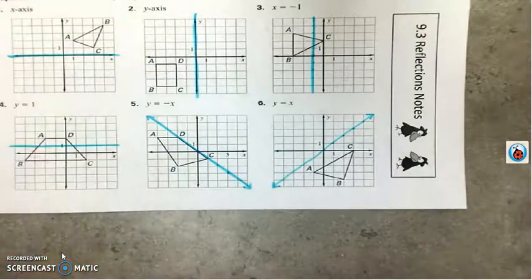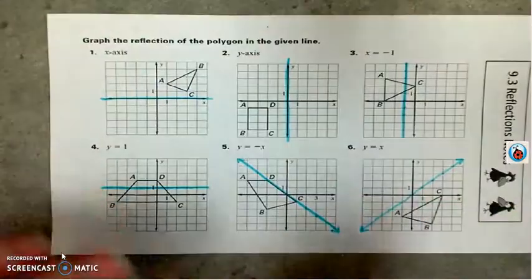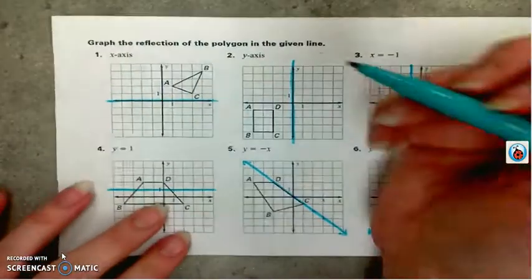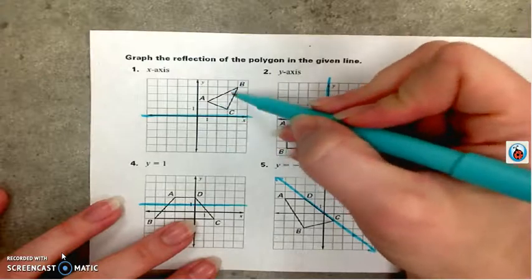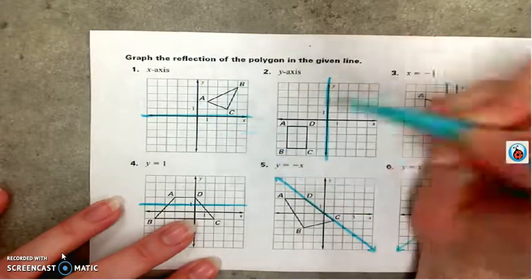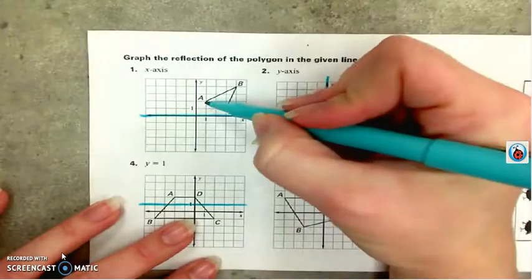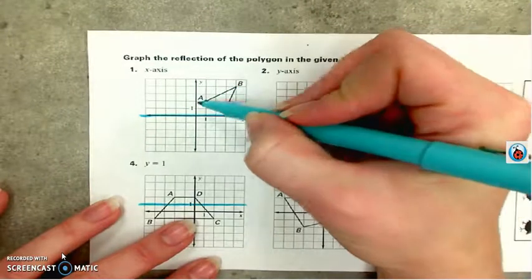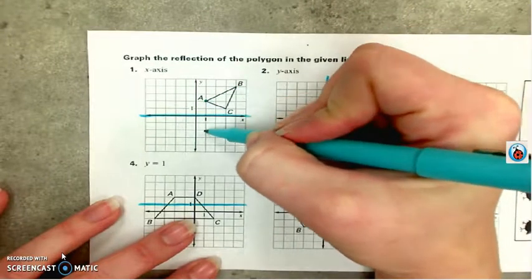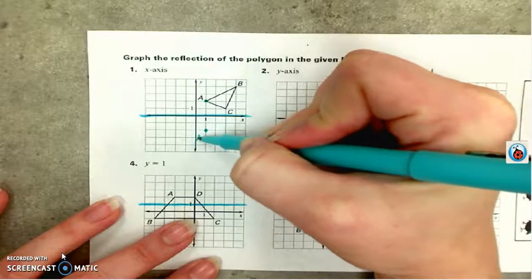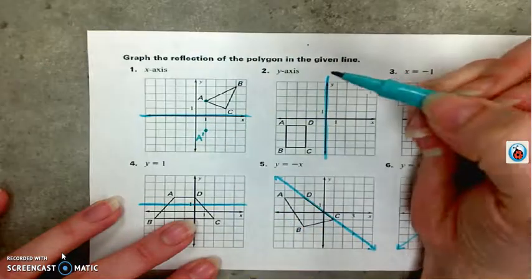Once you have your fold lines ready to go, then we're going to work on our reflection. So number 1, if we're reflecting this triangle, can you imagine that it's going to wind up in the 4th quadrant? So let's go point by point. Point A, if it flipped over, would now be down at -2 for A prime.